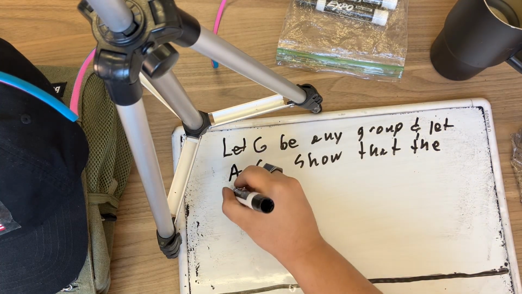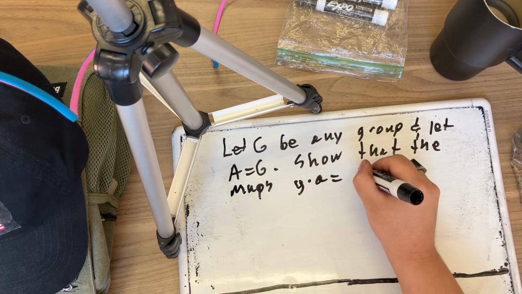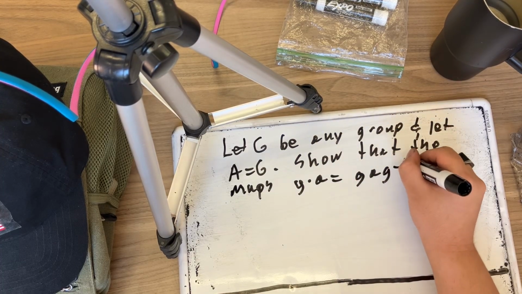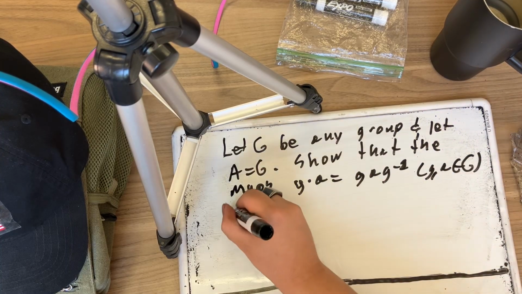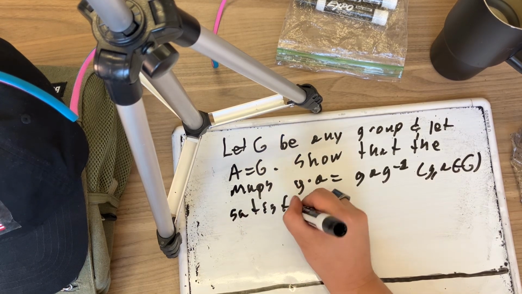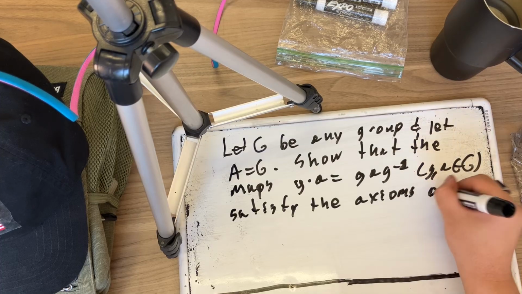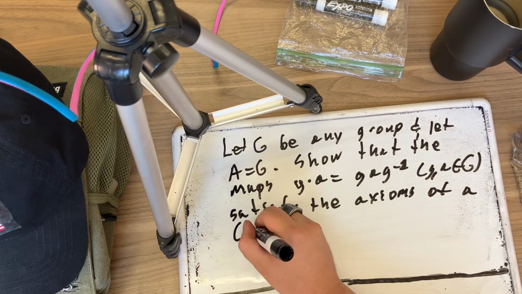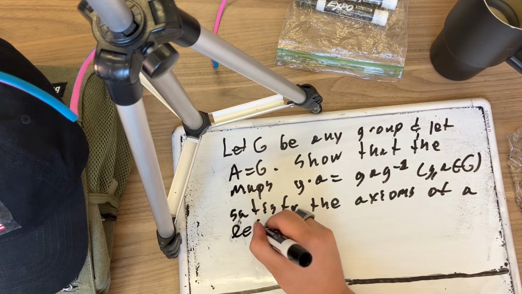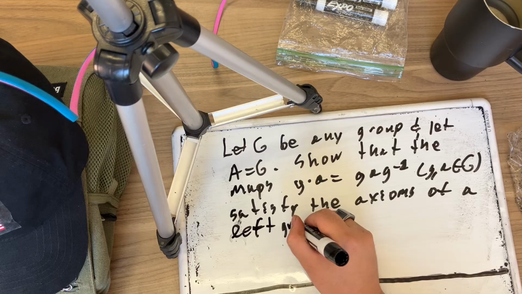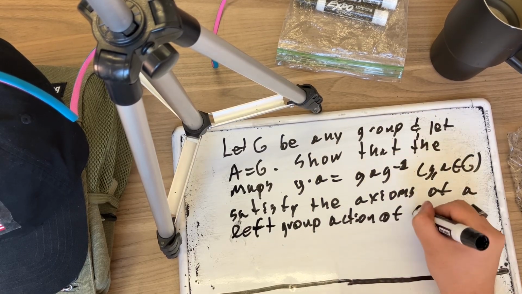Show that the maps G dot A is equal to G A G inverse, where G and A are elements of G, satisfy the axioms of a left group action of G on itself.